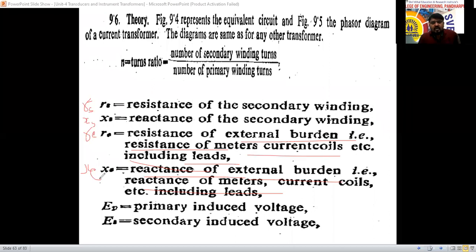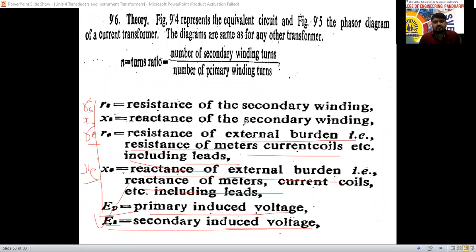EP is the voltage induced in the primary winding, whatever EMF is induced in the primary winding, and ES is the EMF induced in the secondary winding. So these parameters and this representation we have to remember first.